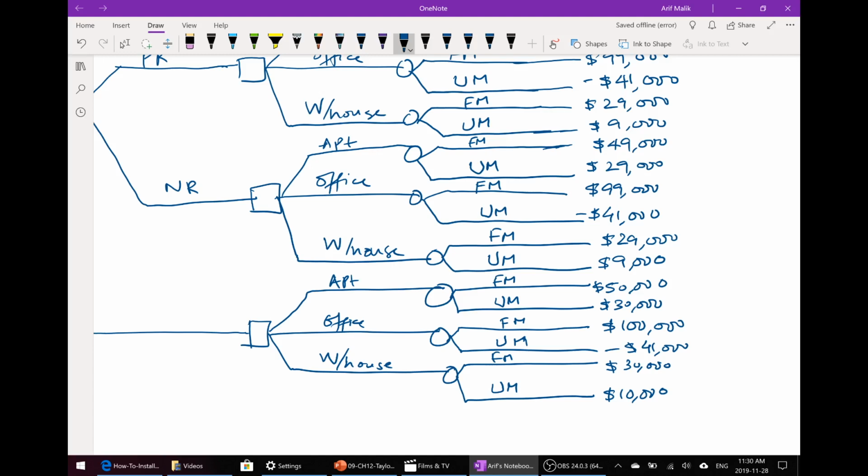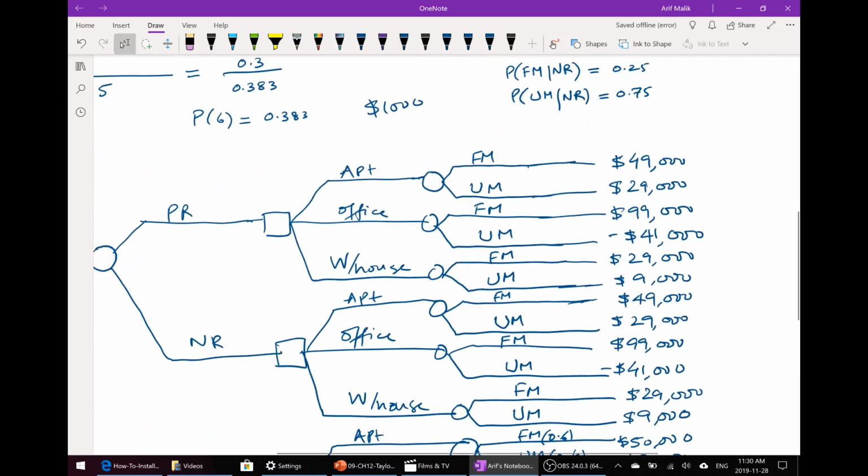If we don't go for the consultants, our original statistics show the probability of favorable market will be 0.6 and 0.4, and 0.6 and 0.4, 0.6 and 0.4. Okay.